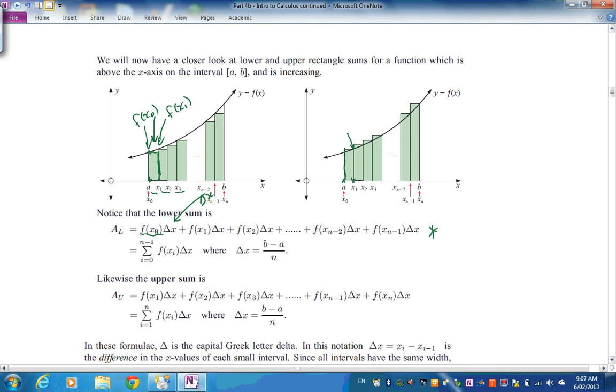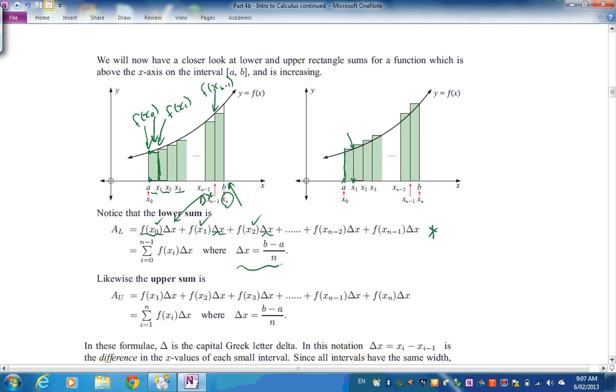We're going to start at the first x, sub it in, second x, so these are the heights of the lower rectangles, third x, each time multiplying by the same width, length times breadth. How far do we go? Well, we don't go right up to the end, do we? Because the height of the last rectangle is f of the x which is 1 back from the last, call this xn here. Okay, so there's our formula.